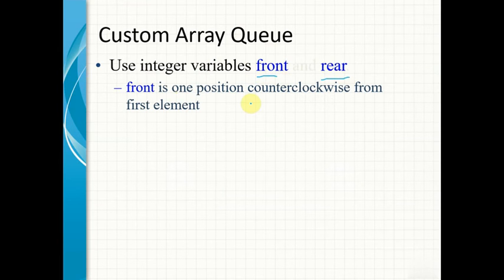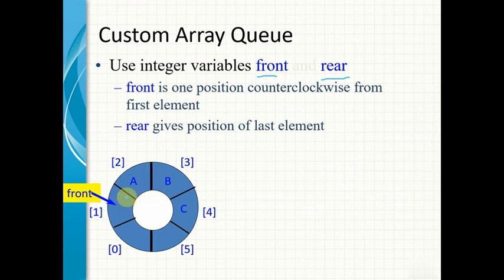The front is one position clockwise from the first element, and the rear gives the position of the last element. So the front will be one position counterclockwise from the first element.